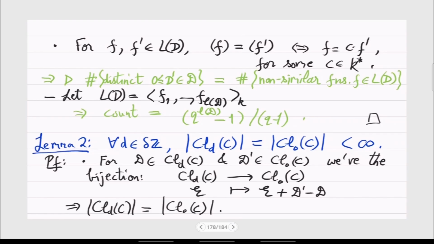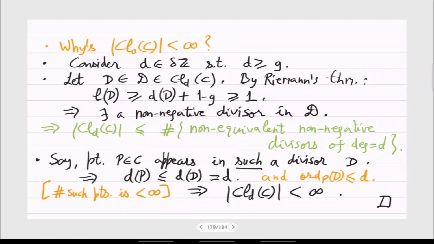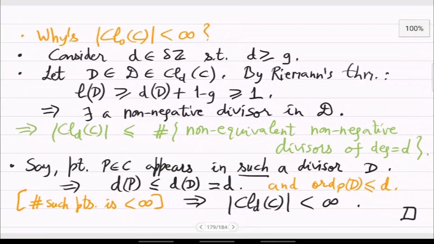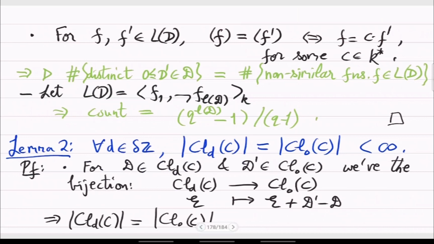Okay, so those are the two lemmas, and we can now collect that. So that is the space of all effective divisors linearly equivalent to fancy D, an element in CLD.